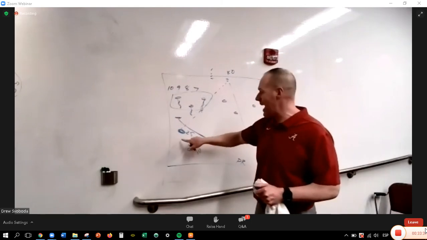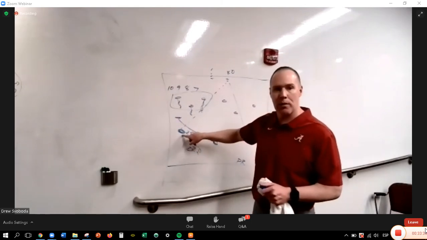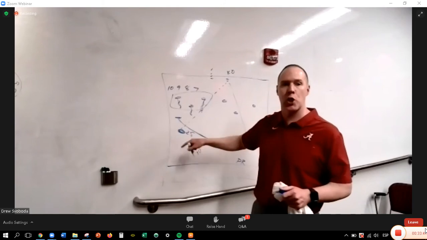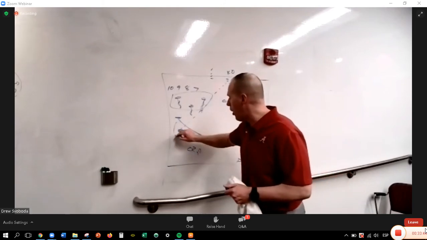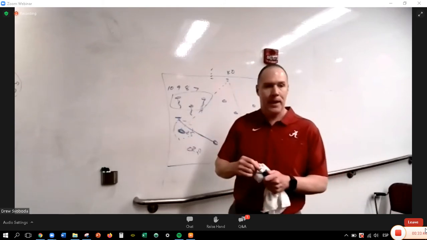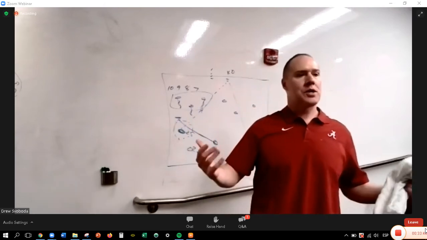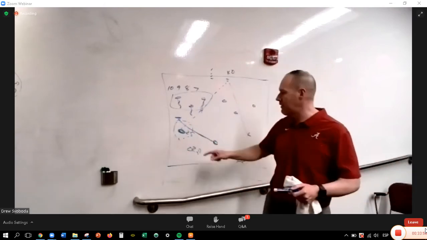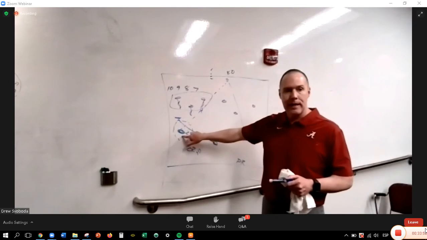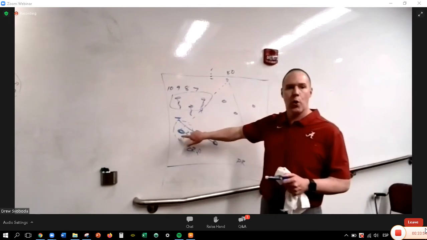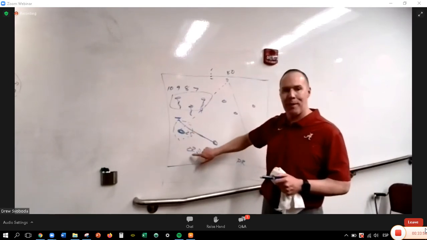What I've used in the past is this guy here, my left end or my left up back, is going to catch every ball in his vicinity. Some people tell those guys to not back up. In the past, I have allowed that guy to back up a little bit, but I simply tell him, you are catching it until you're called off by this guy.